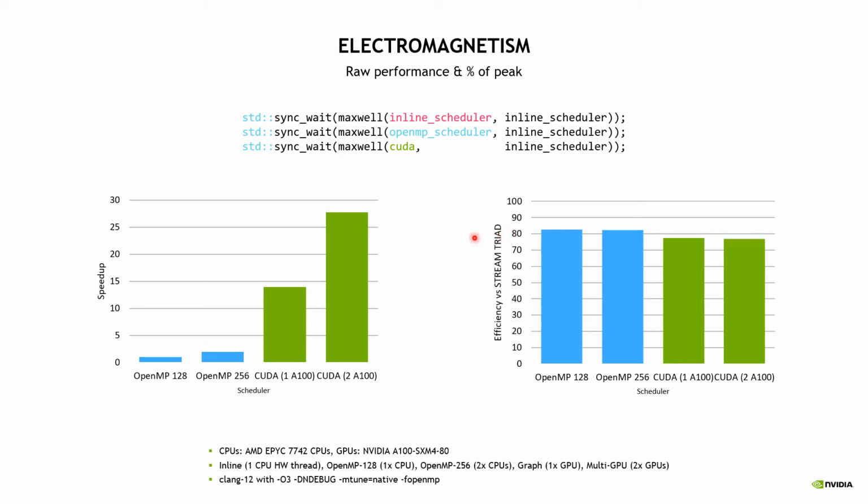Now I can also take that same code and change the scheduler to a CUDA scheduler that will map the parallelism to CUDA threads and CUDA devices, and you can see I can run on one A100 GPU or even 2 A100 GPUs without modifying the code at all.